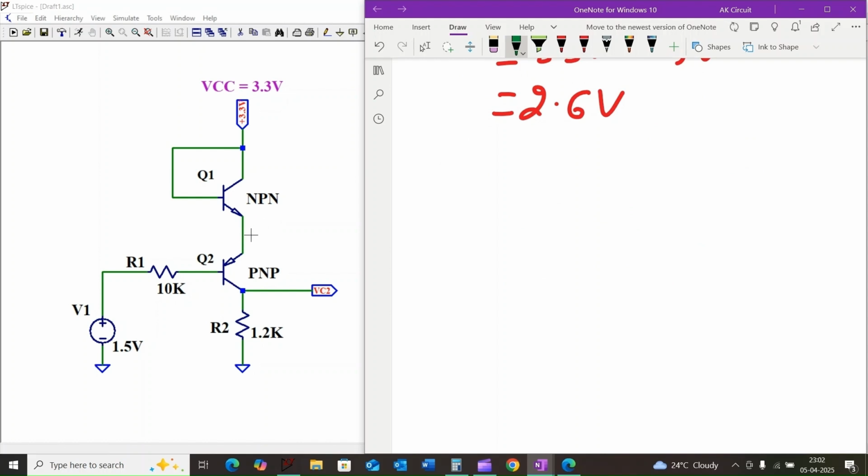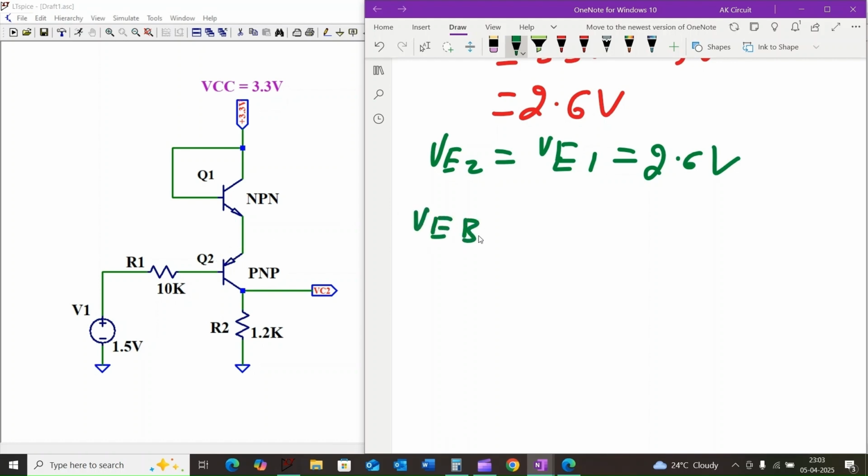Now here is the crucial point. Notice that the emitters of both transistors are connected together. This means that the voltage at the emitter terminal of the second transistor, VE2, is equal to VE1, and we can call it 2.6 volt. We already know that the emitter to base voltage of the second transistor, VEB2, is equal to 0.7 volt.